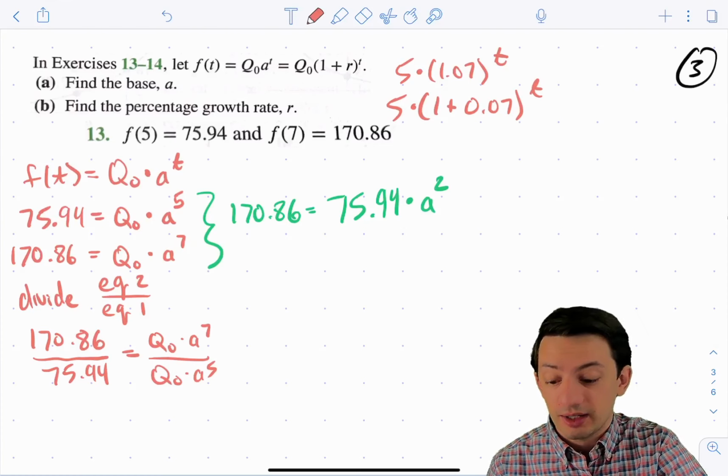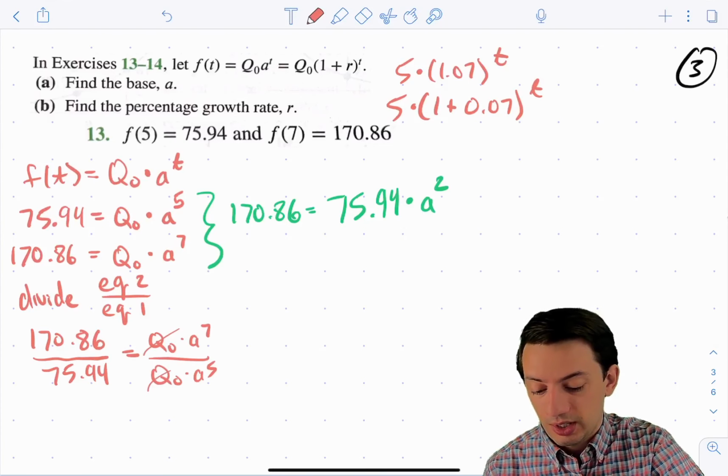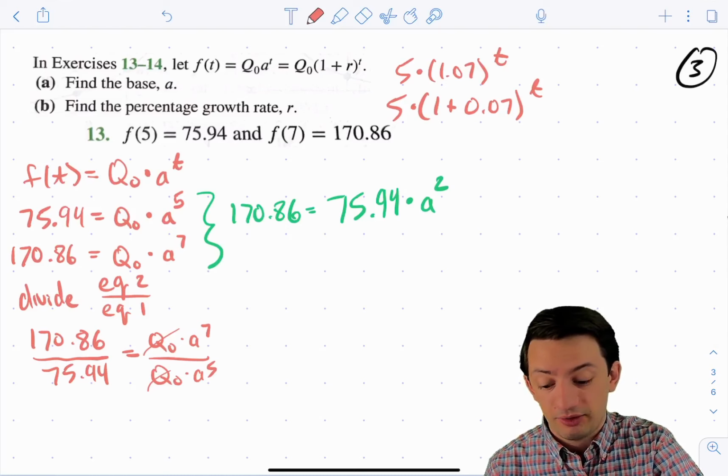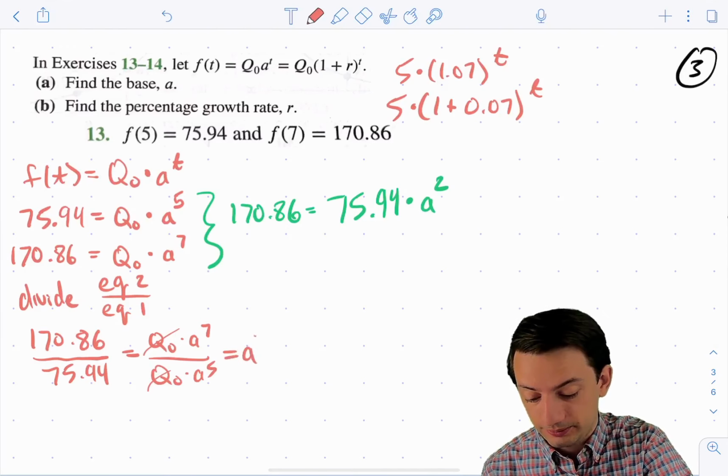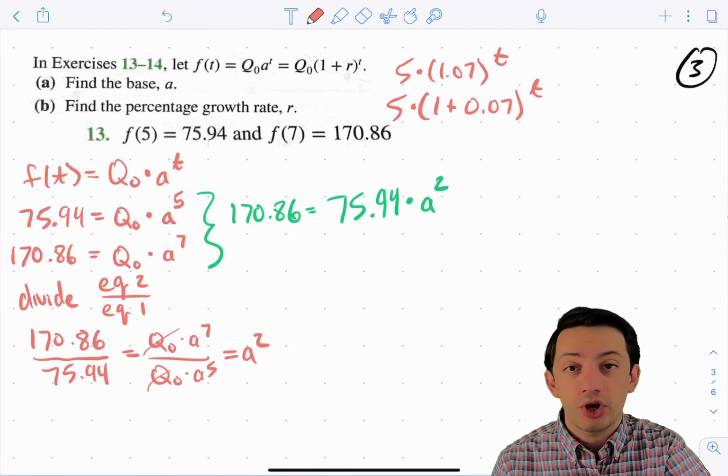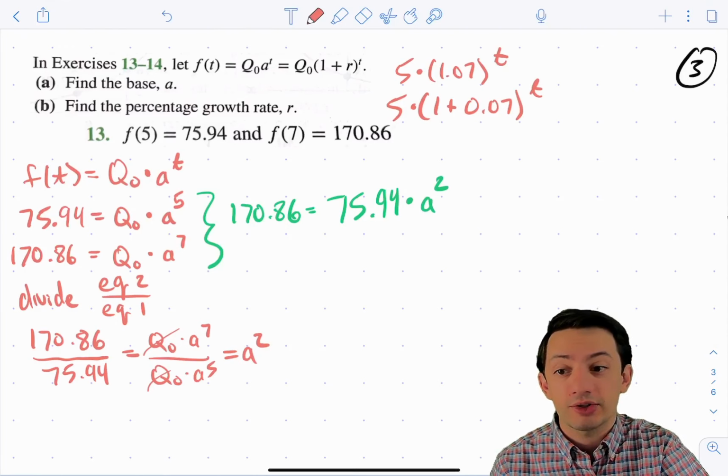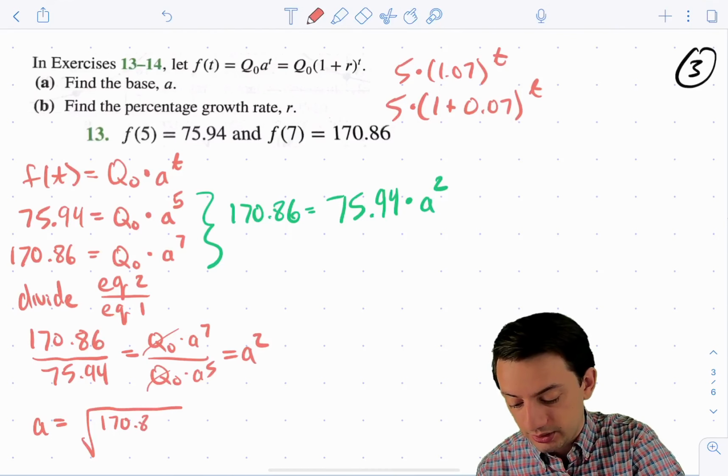Now, because we're dividing, the q's cancel, and we have 7 a's on the top and 5 on the bottom, so that's a squared. We're solving for a, so let's take the square root of both sides, and that tells us a is the square root of 170.86 over 75.94.